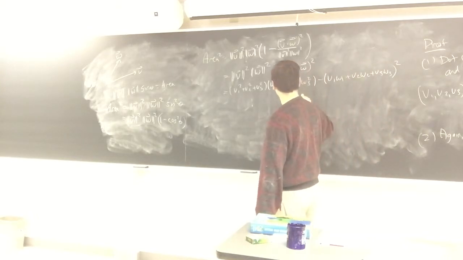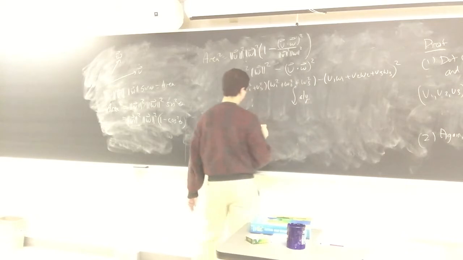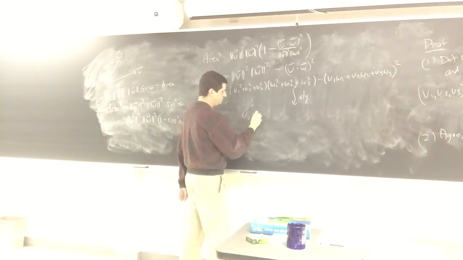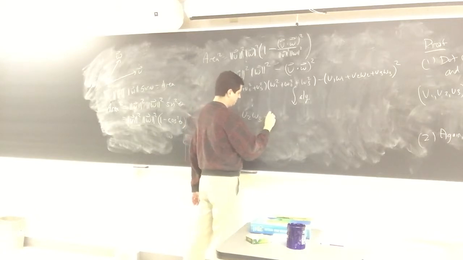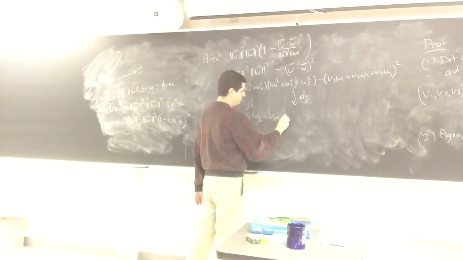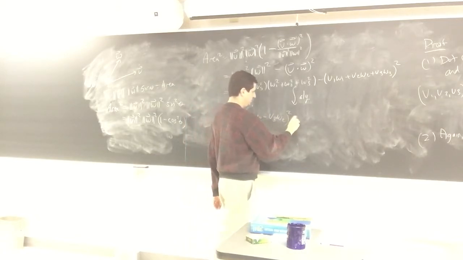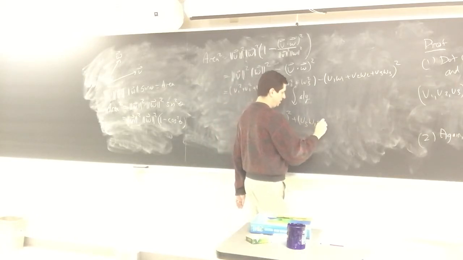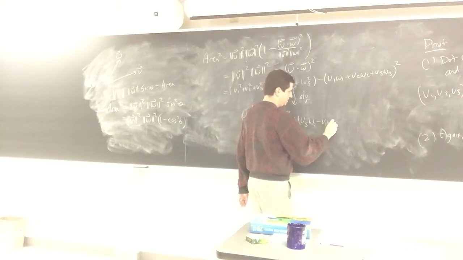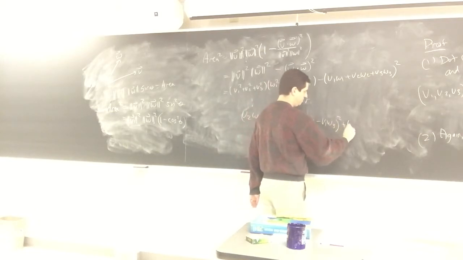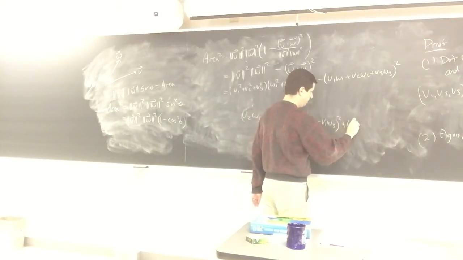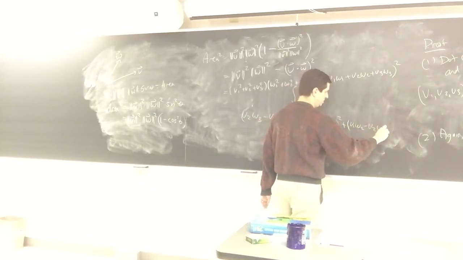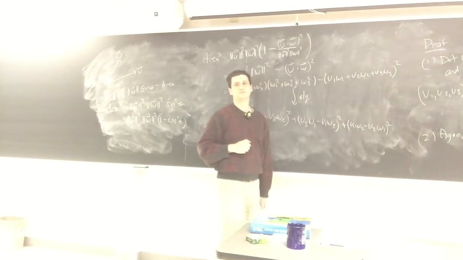And after you do algebra, it turns out this is the same as v2 w3 minus v3 w2 squared plus v3 w1 minus v1 w3 squared plus v1 w2 minus v2 w1 squared.